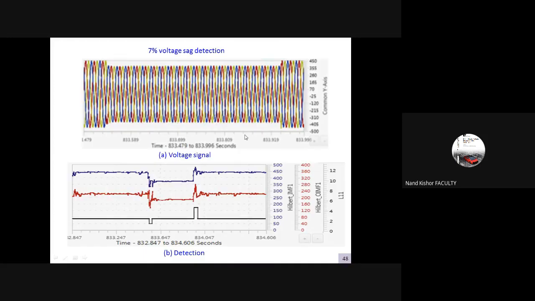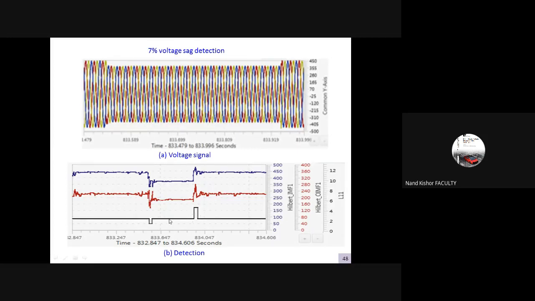The next one is where we have considered a voltage sag of about 7%. You can see that there is a dip in the voltage signal for this much time period. The detection of this voltage signal is now performed using Hilbert and the different EMD techniques and the wavelet transform.